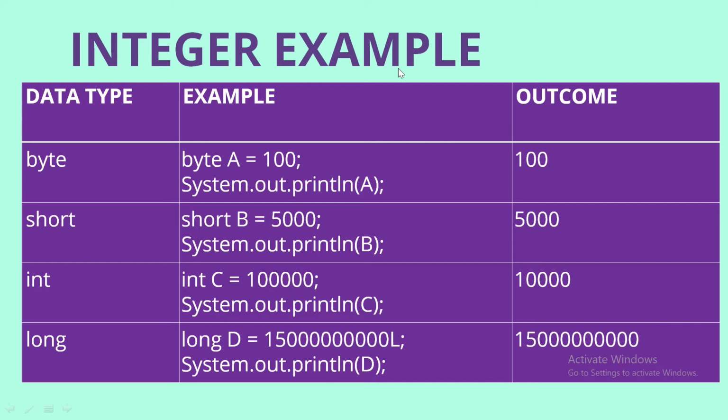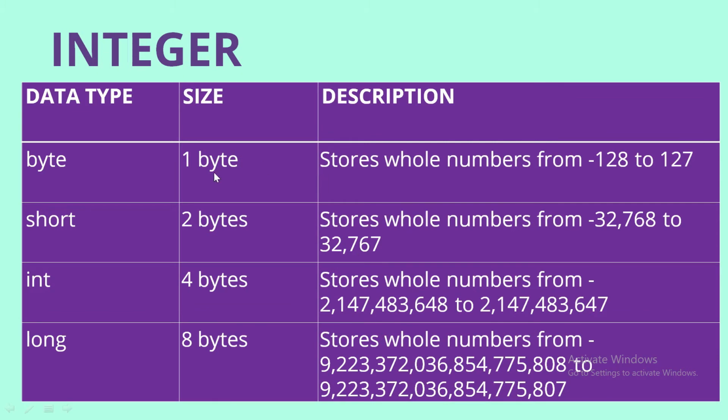Now, let's come to the example of integer data types. The first data type is byte a. Here, the variable a stores the value 100. According to the memory allocation, the value of byte should lie between -128 and 127.